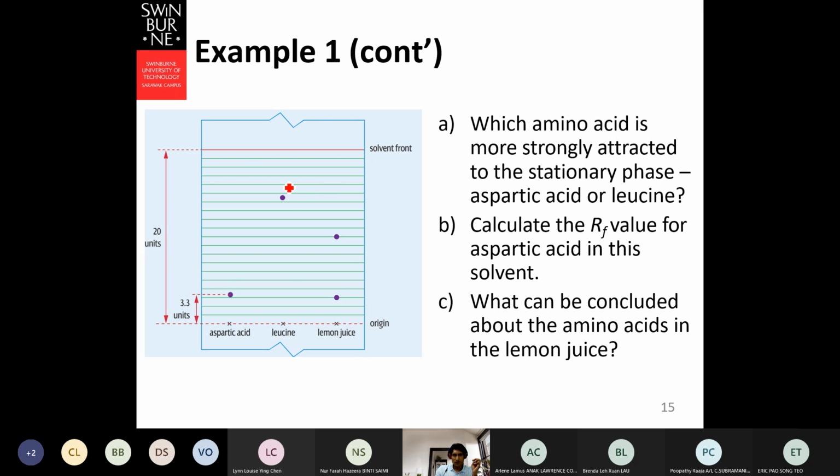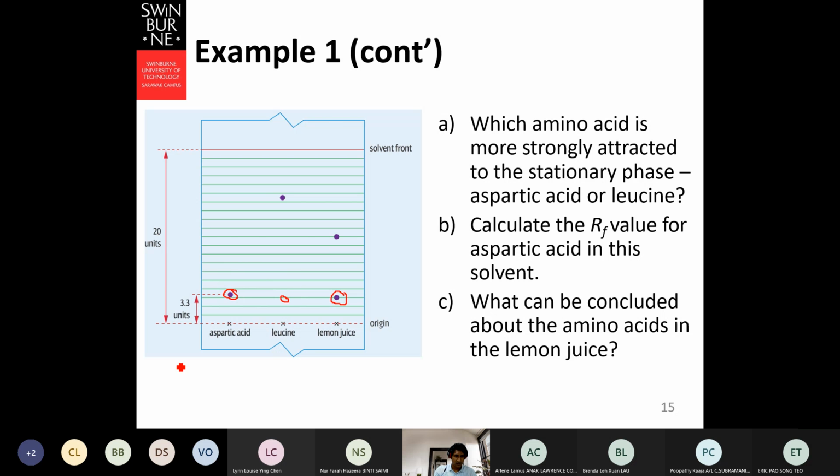The same thing we have done: we put it on the paper. The lemon juice was put on the paper, and one leucine and one aspartic acid were also put alongside at the same distance from the origin.